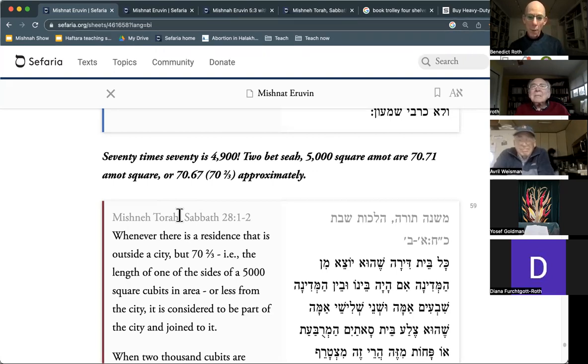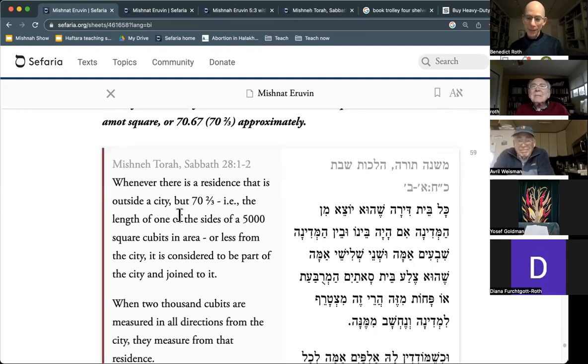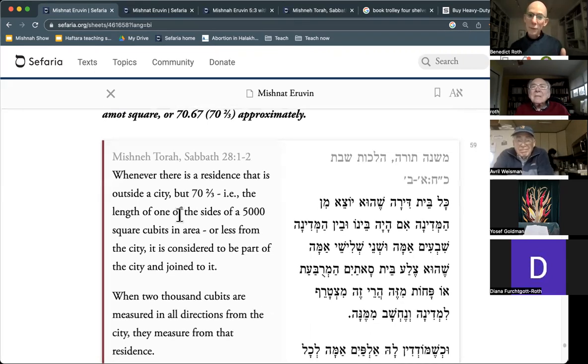So he says, when you've got a residence which is outside a city, but 70 2/3 or less from the city, i.e. the length of one of the sides of this 5,000 square cubit area, if it's less than that distance, it's considered to be part of the city and it's joined onto it.